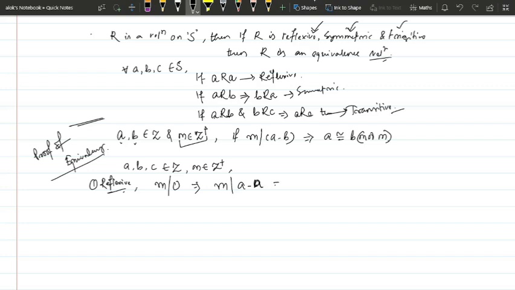So we can write A is congruent to A modulo M, which proves that the congruence modulo relation is reflexive, as every A is related to A.